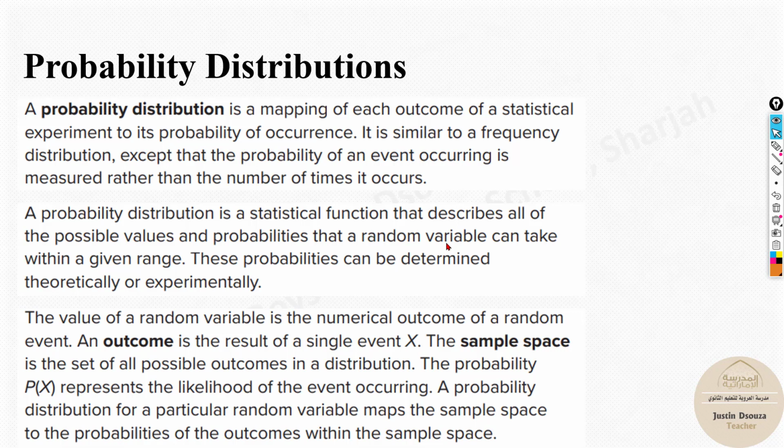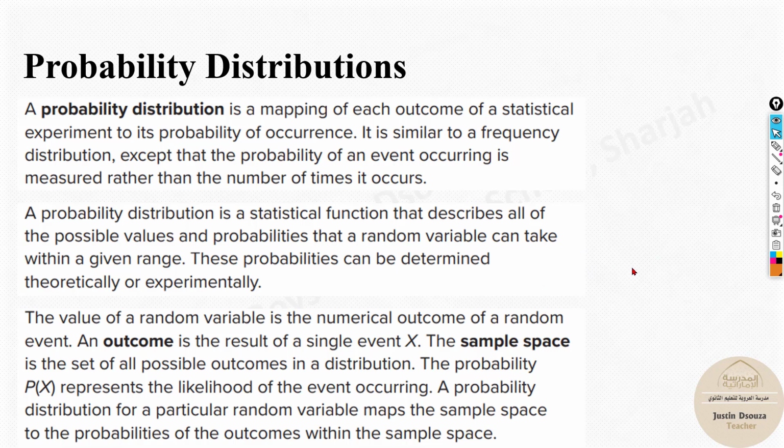Imagine you tossed a coin. The outcome is either a head or a tail. Now, sample space would be all possible outcomes. Imagine you're tossing a coin. It can be either head or a tail. Now, imagine you tossed and you got a head. That would be the outcome. But the sample space is both the possibilities, head and tail.